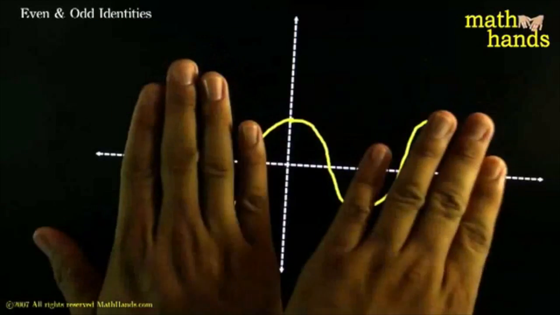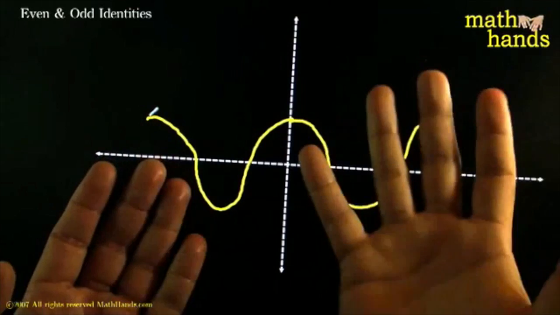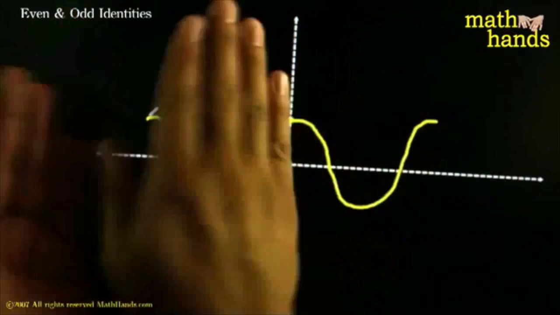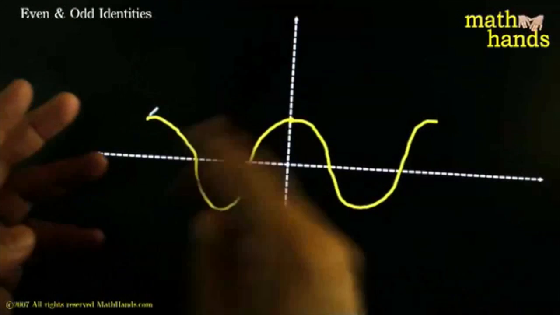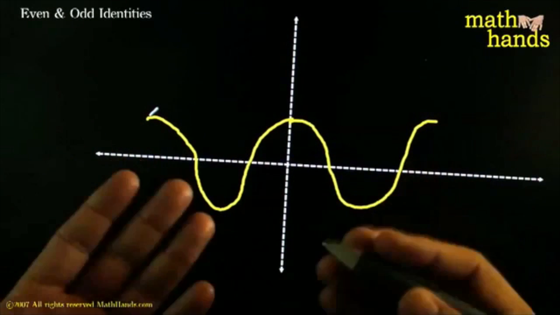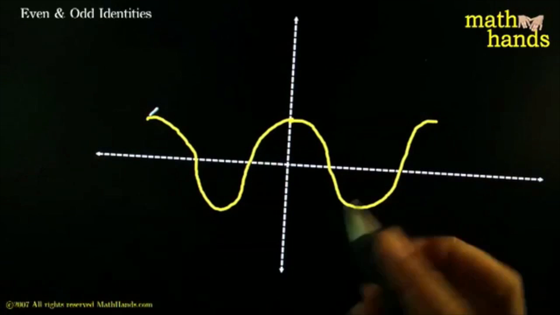If you were to flip it, it looks exactly identical to what we started off with. The positive part of the first and fourth quadrant is exactly the same as flipping them over on the second and third quadrant. That is a general characterization, at least for real functions, for even functions.